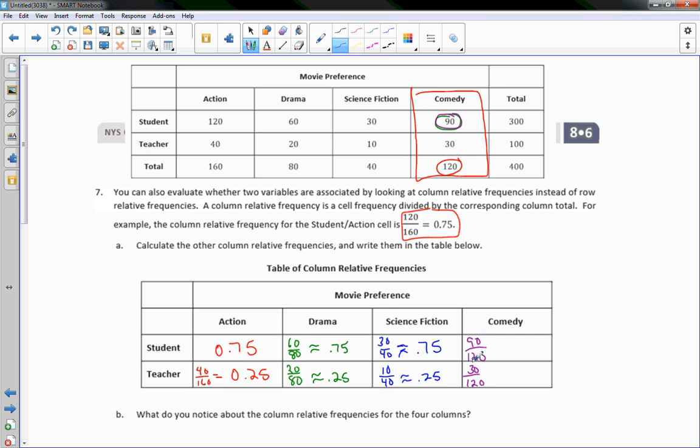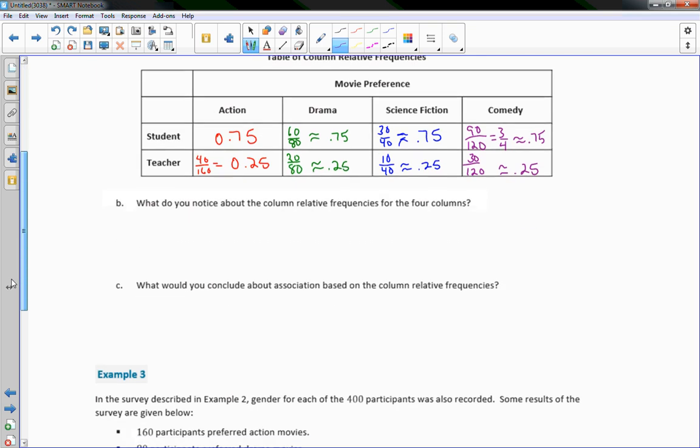Well, 9 over 12 reduces. 3 will go into 9 3 times, and 3 will go into 12 4 times, and again, we're getting 3/4 or 0.75. And since these add up to 1, I already know that this has to be 0.25. Okay, so there is our table.